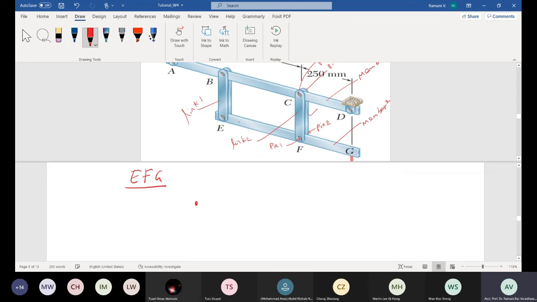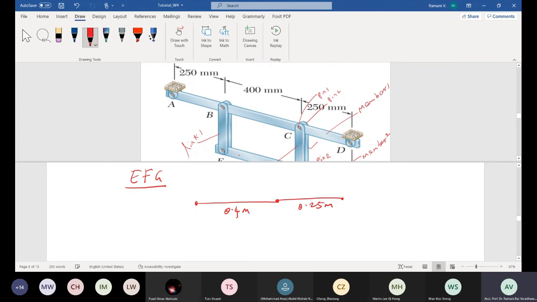When I draw the free body diagram, it starts like this: E, F, G, all pins, at different distances. This is 0.4 meter and this is 0.25 meter. I already changed to meters.